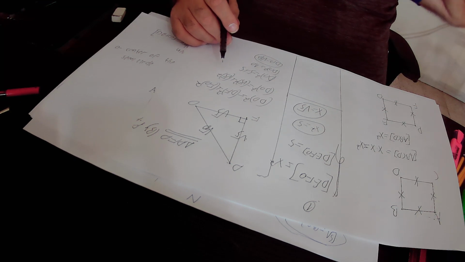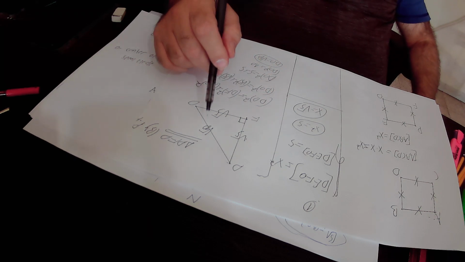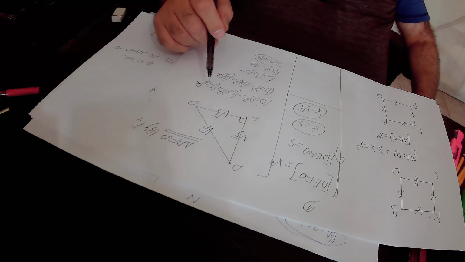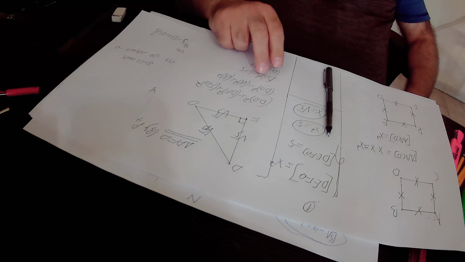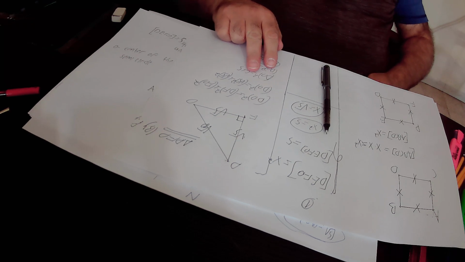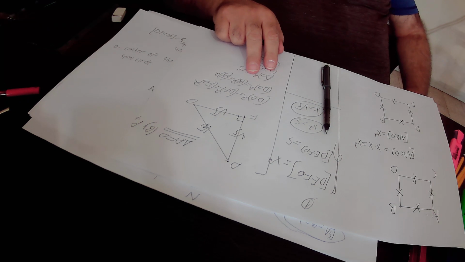So according to the Pythagoras theorem, DF squared plus FO squared equals DO squared. Okay, so DO squared, the square of the hypotenuse, equals DF squared plus FO squared.